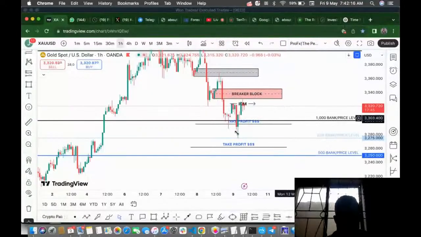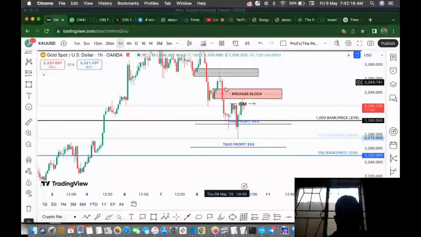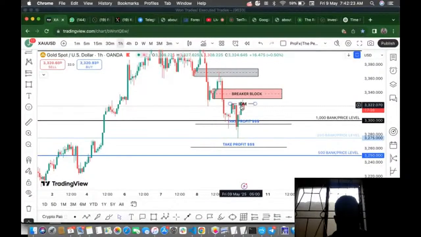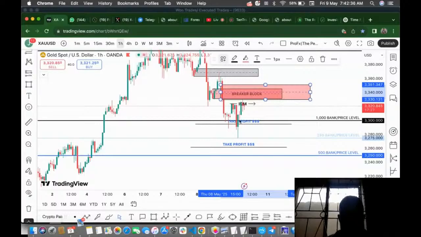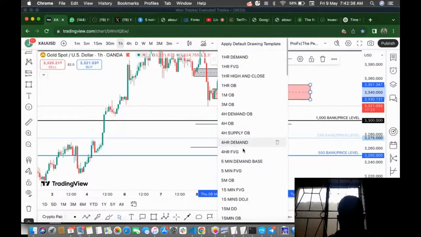Okay, a 1 hour fair value gap is sitting here. This fair value gap here is at the IDM, so I don't really rate that one. The one that I rate more is the FVG here, the one at the breaker block. So I rate that one for my sell continuation. I'll wait for price to get in there.